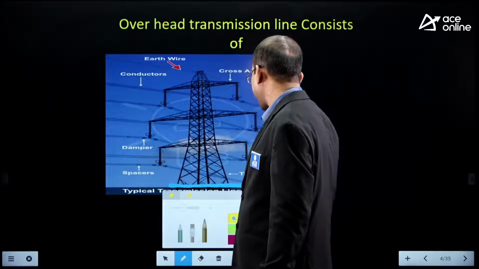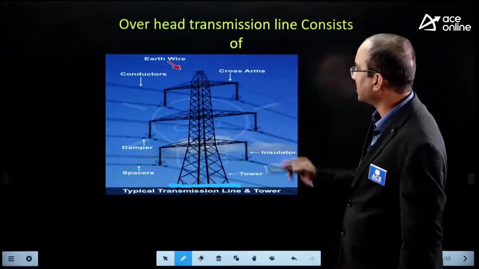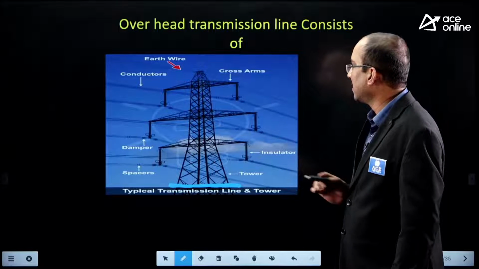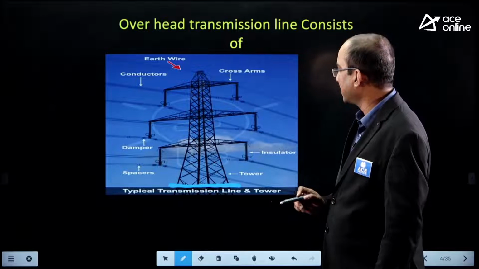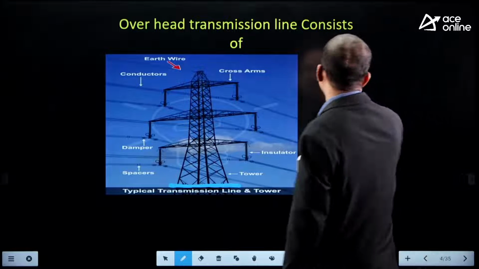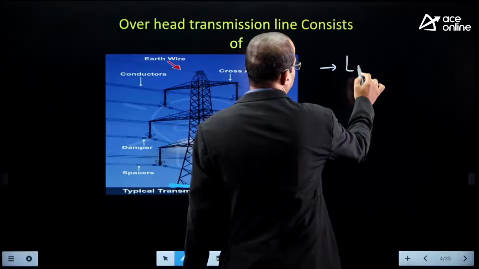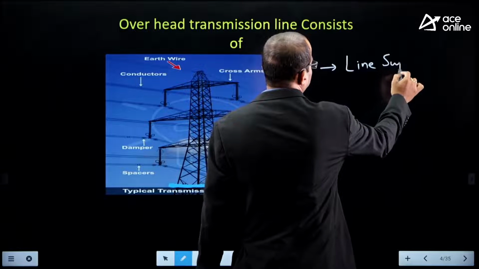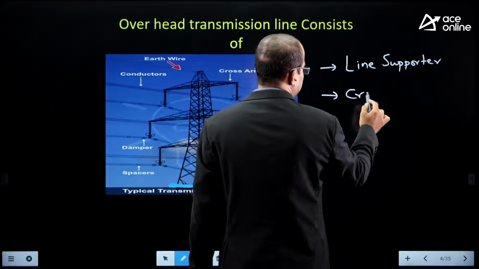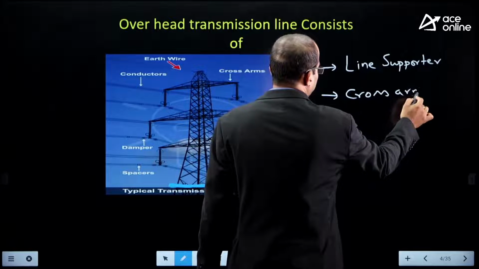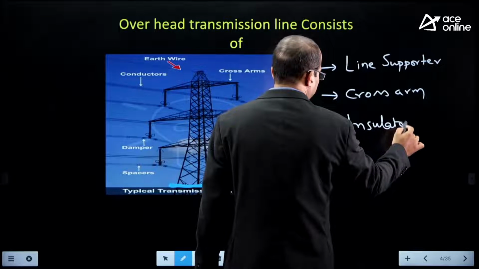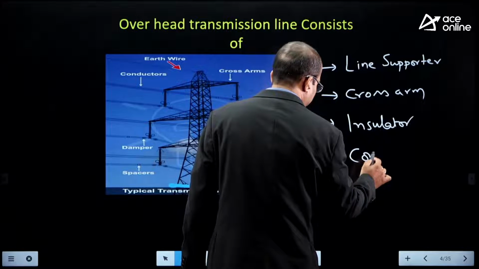By observing this diagram, there will be a line supporter, that is the tower, and cross arms are connected to that, an insulator and a conductor. So the elements in an overhead transmission line are line supporter, cross arm, insulator and conductor.